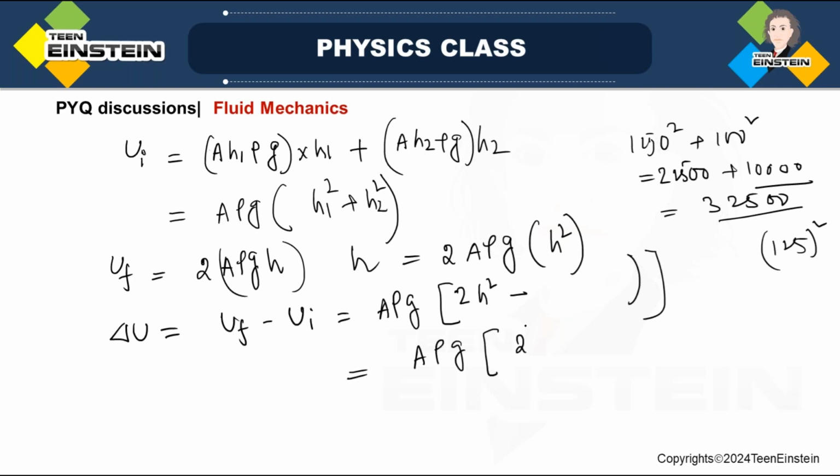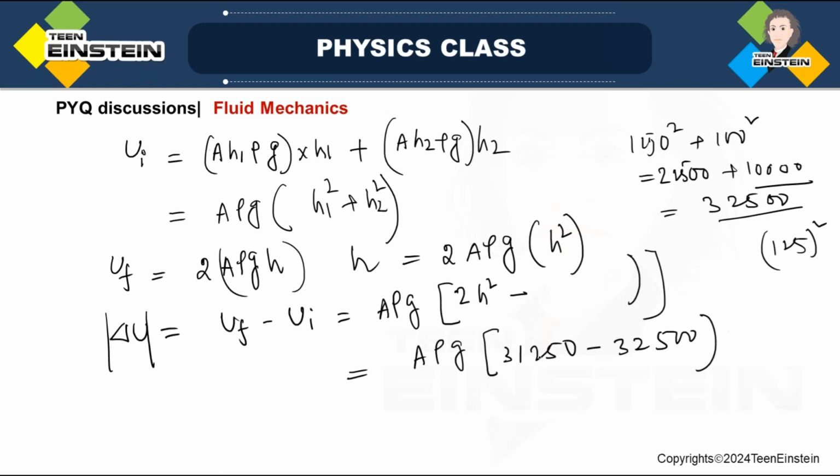This will give you, obviously, there will be loss of energy, only loss of energy. So mod I have to take. So this is 131,250, and this is actually 32500. So this will be in centimeter square.